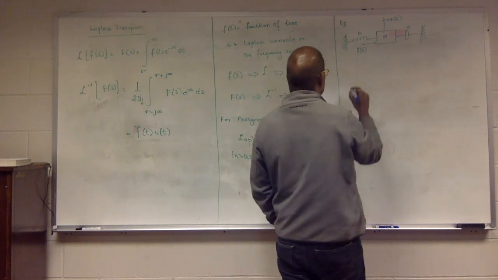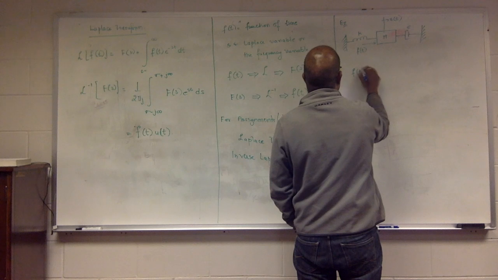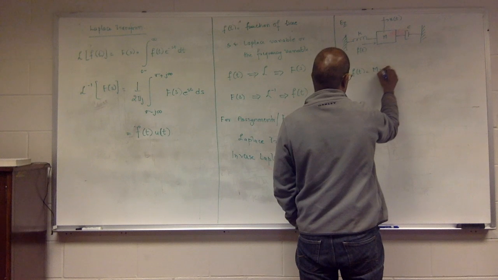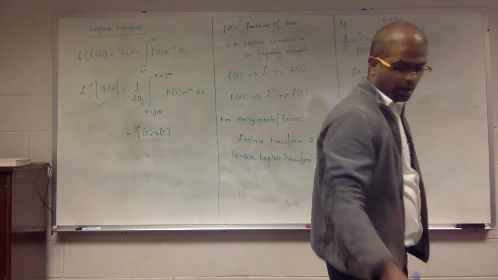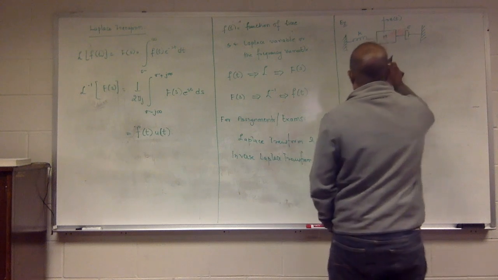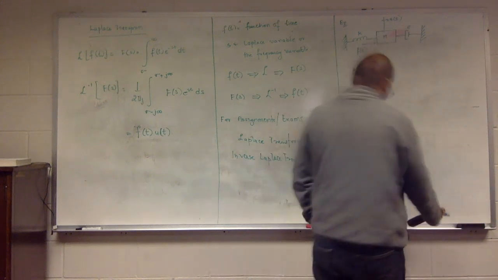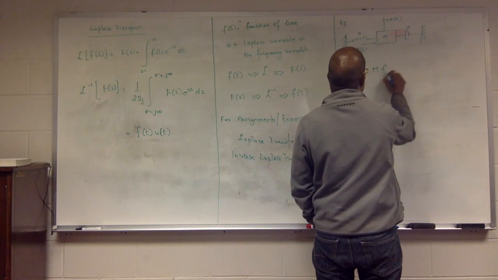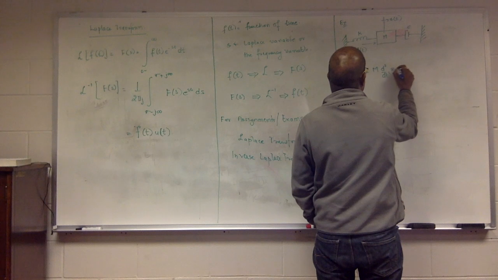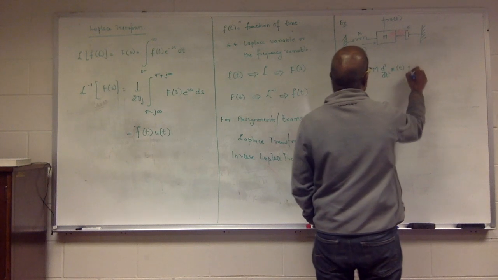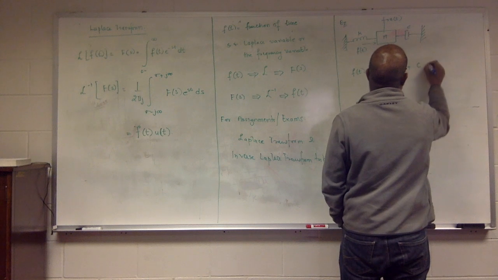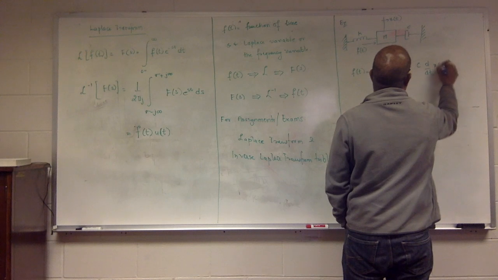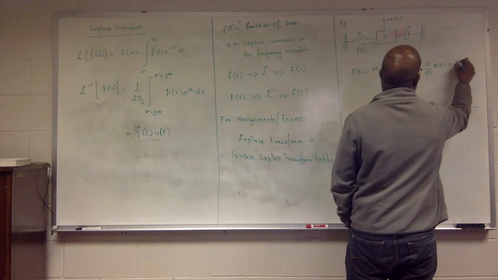What you do is, you say f of t is equal to m d square over dt square of x of t plus c d over dt of x of t plus kx.